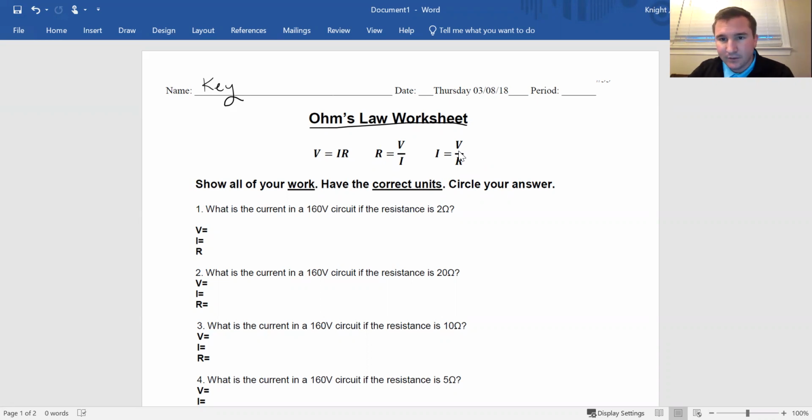I'm going to write at the top here the table that I kind of wrote down in our notes just to remind ourselves. So voltage is V, measured in volts. Current is I, measured in amps.